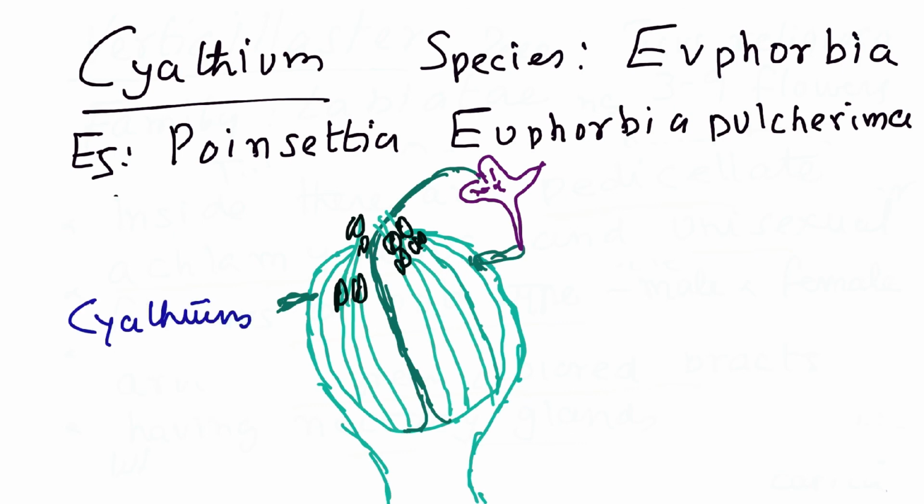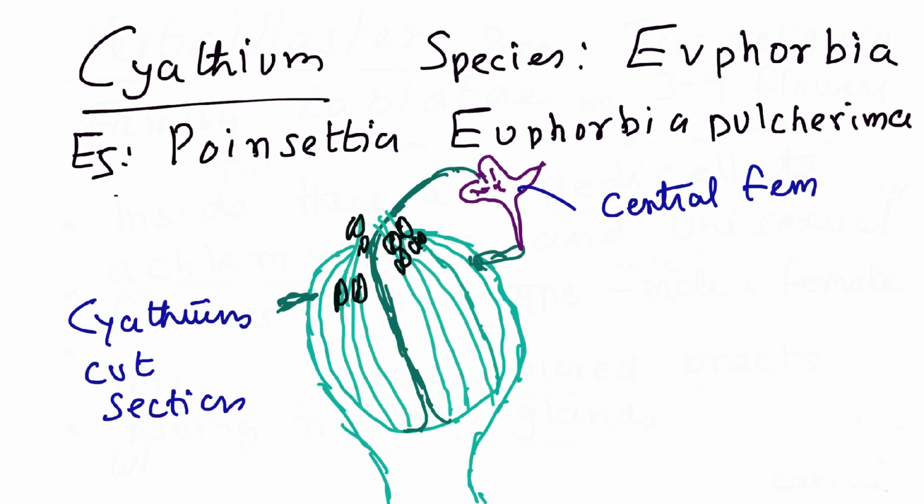In this particular diagram, we are looking at a cut section of the Cyathium inflorescence. And once again, note the point of the achlamydeous flowers. And of course, the famous example is Euphorbia pulcherrima.